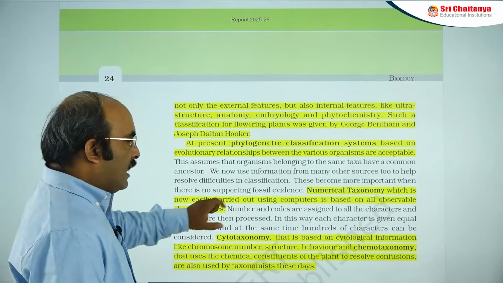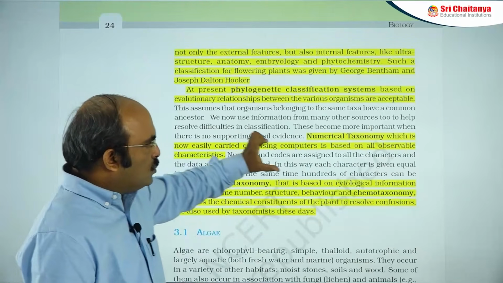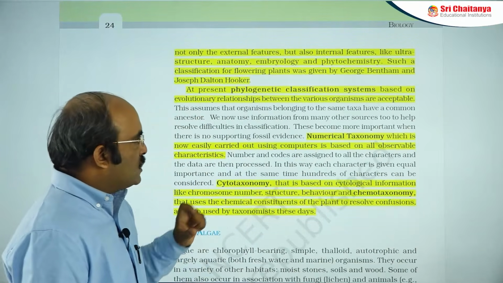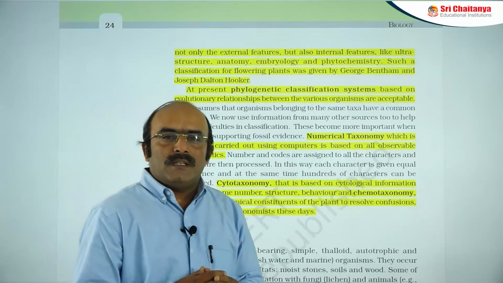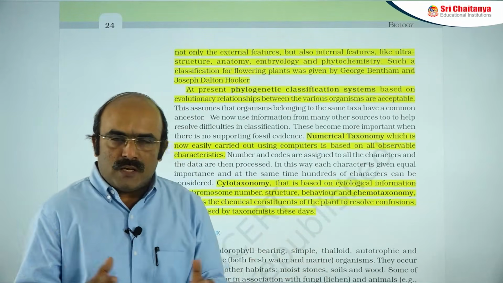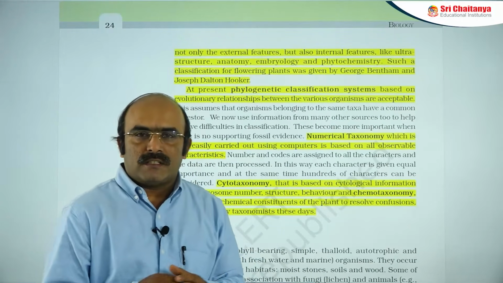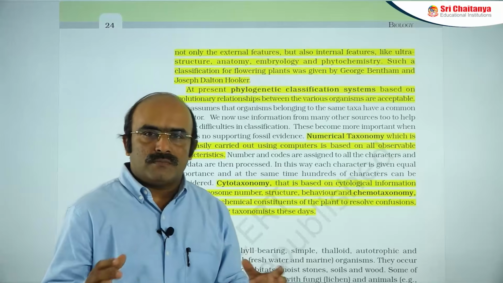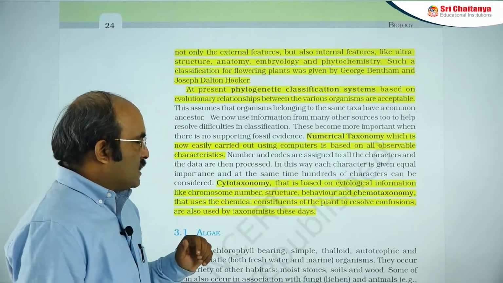Now, pertaining to the other aspects which are given here, we have three important points. One is numerical taxonomy. This is a taxonomy done considering a large number of characters, and every character is given equal importance, where each character is given a code number. Even the knowledge of computers is taken into account. That is numerical taxonomy.